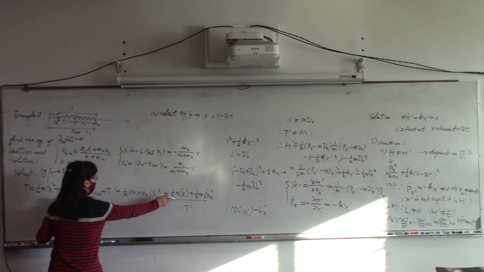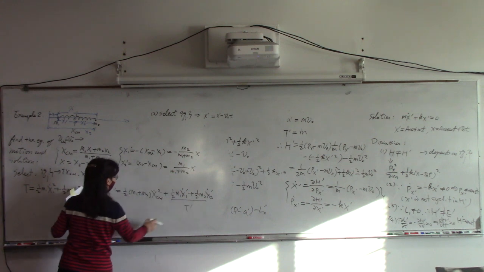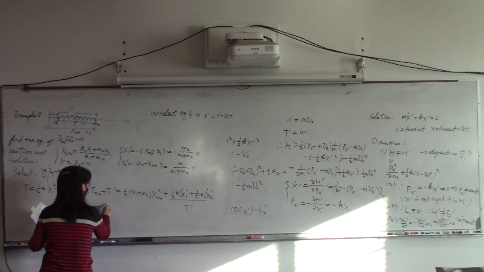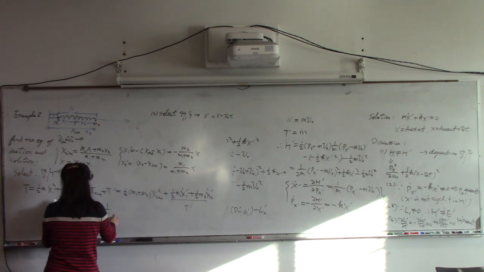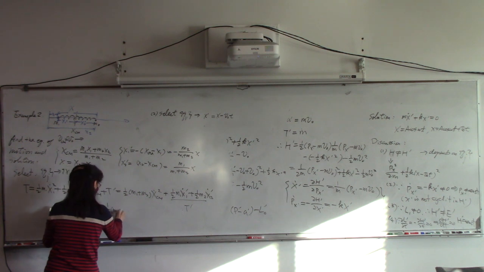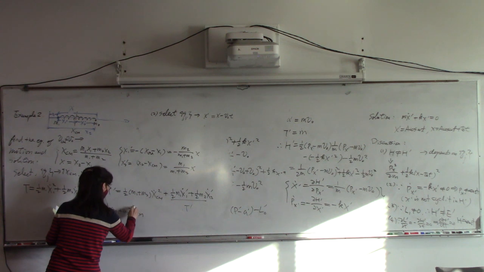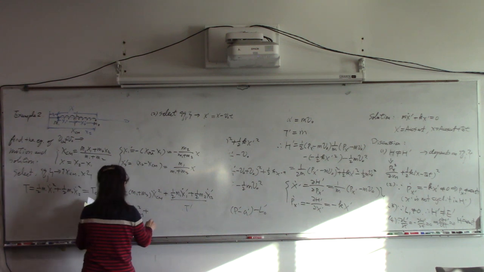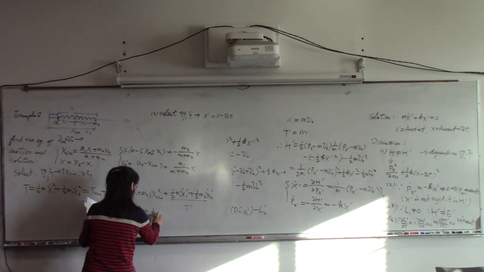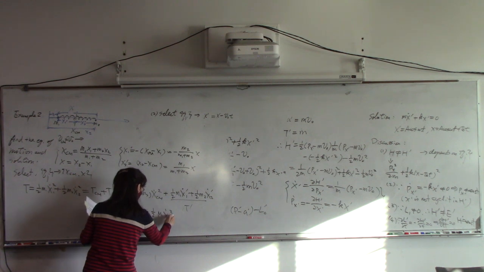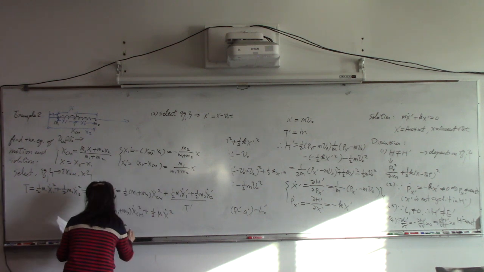Then if you remember, I substitute the x prime here, so you will find that equal to the first term still keeps the same, half of M xcm dot squared plus half of mu x dot squared. Here, mu is the reduced mass.